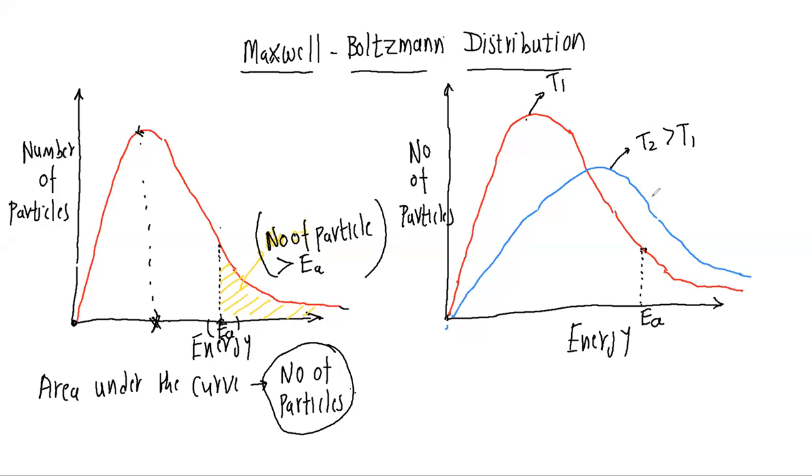But what is the impact? Earlier, at temperature T1, this was the area. Now, by increasing the temperature, we get this additional number of particles, which I am representing with the orange color.